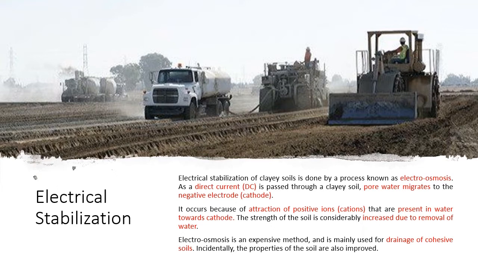It occurs because of the attraction of positive ions that are present in water towards cathode. The strength of the soil is considerably increased due to removal of water. Electroosmosis is an expensive method and is mainly used for drainage of cohesive soil. Incidentally, the properties of soil are also improved.